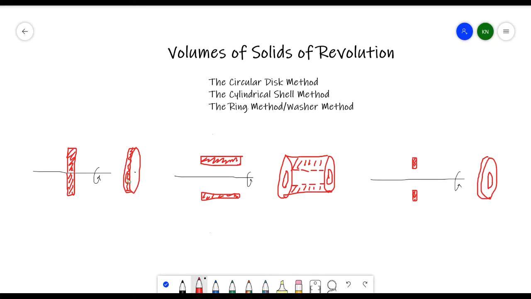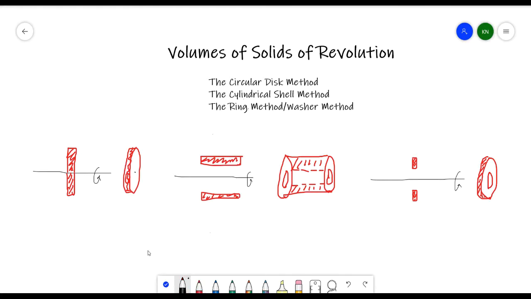It's the same as the circular disc, but it has a hole in the middle, and it's like the cylindrical shell, but it's not elongated. That's why it's a combination of the two methods. These are the representations of the methods that we will be using later on.